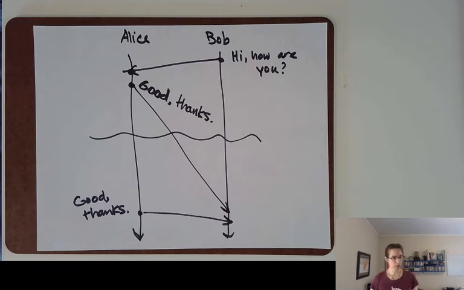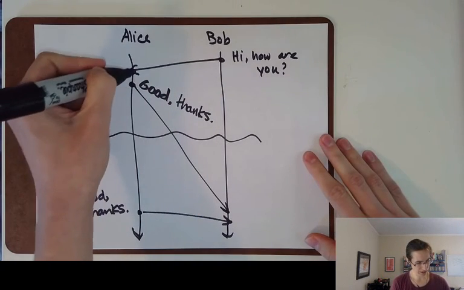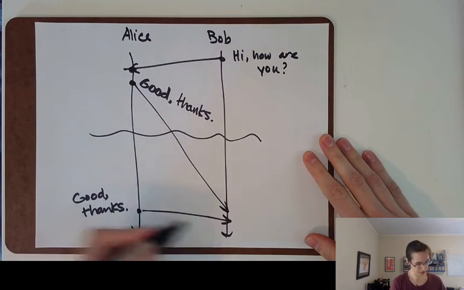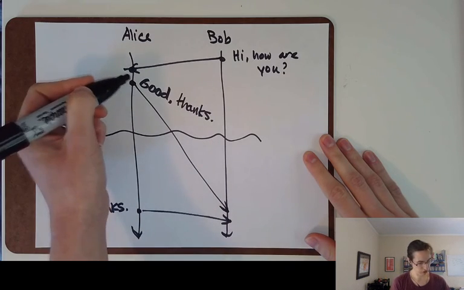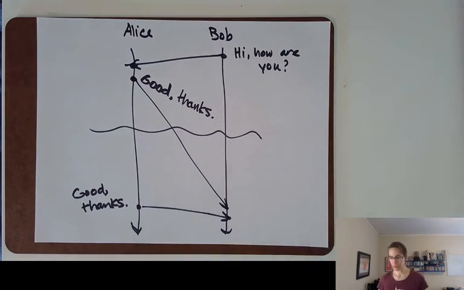But even though we know that the diagram where Alice quickly responds to the good thanks, and one where she takes longer to respond, are the same in terms of Lamport diagrams, there are still infinitely many Lamport diagrams that describe correct runs of this protocol.